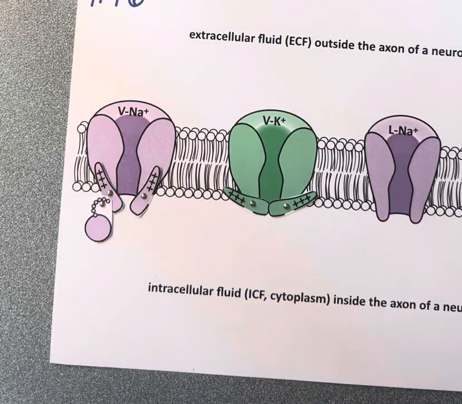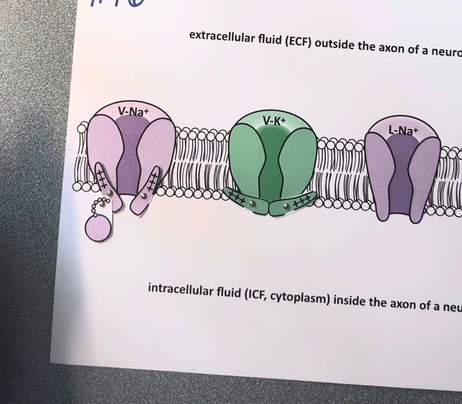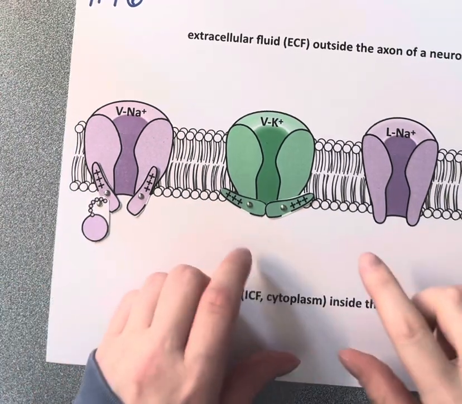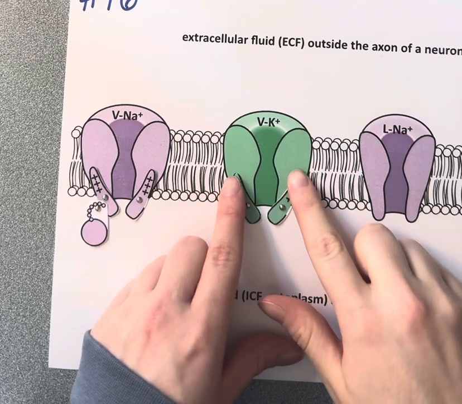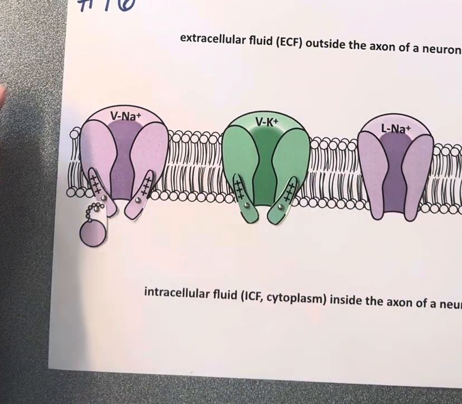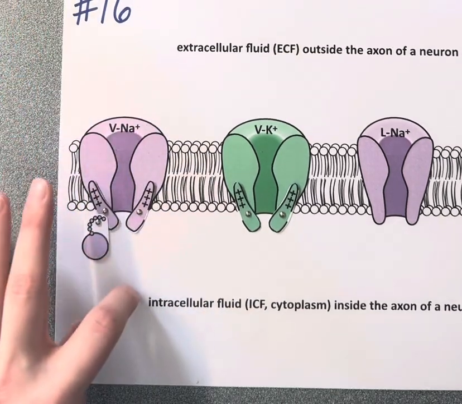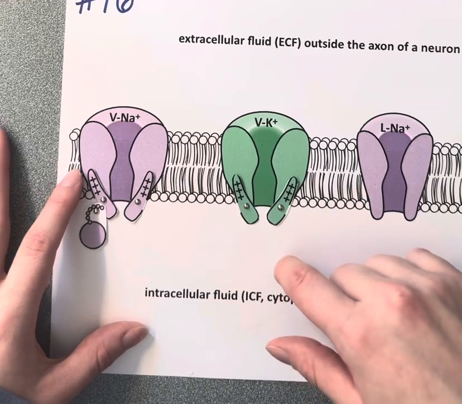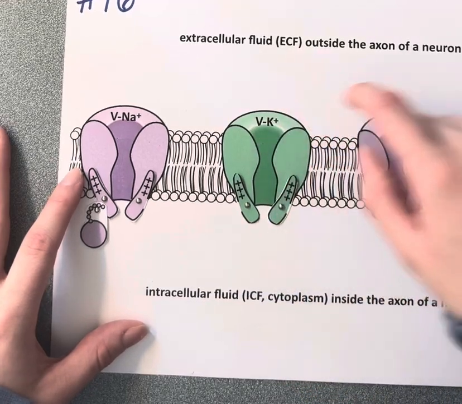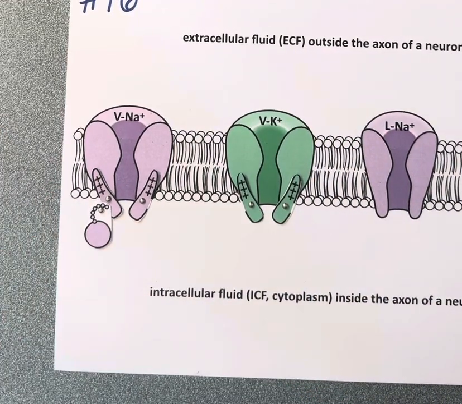The VK+ channel opens slowly, 0.5 milliseconds after threshold, allowing K+ to exit. This should normally restore membrane potential repolarization, but with mutated VNa+ channels still open, Na+ continues entering, opposing the K+ flux out of the cell.